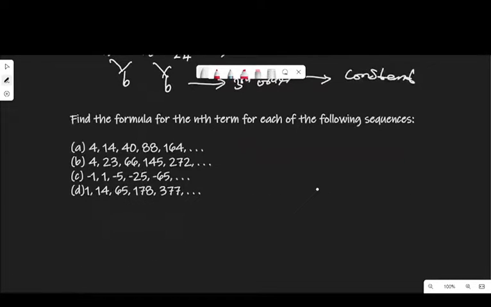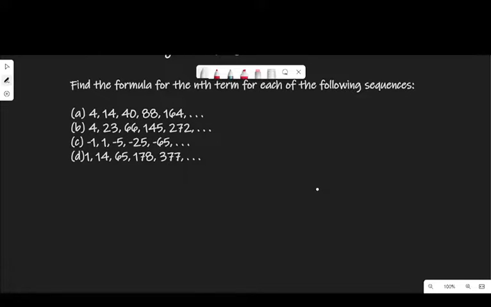But before we do that, we need to take the common difference of this sequence. The first one, we have 4, 14, 40, 88, 164, and so on and so forth.